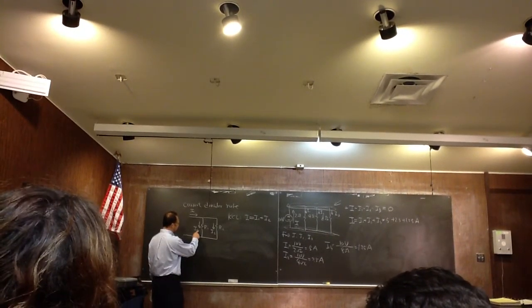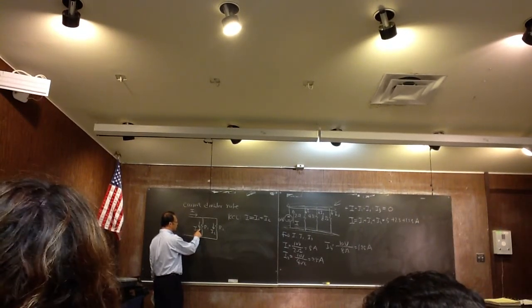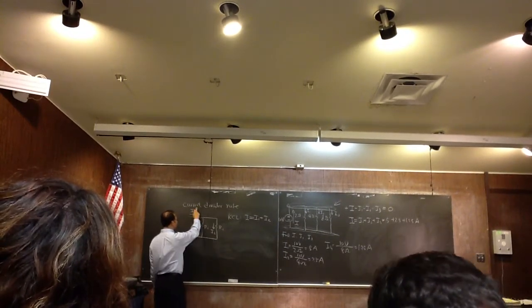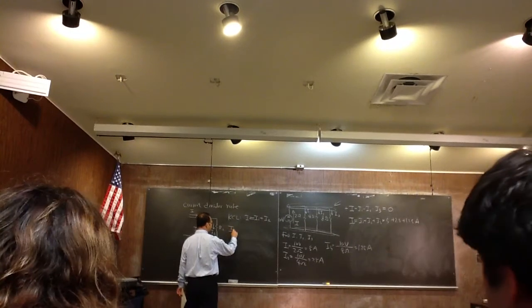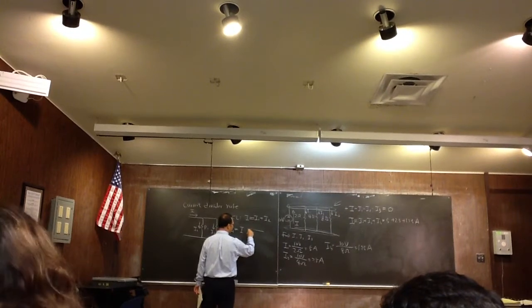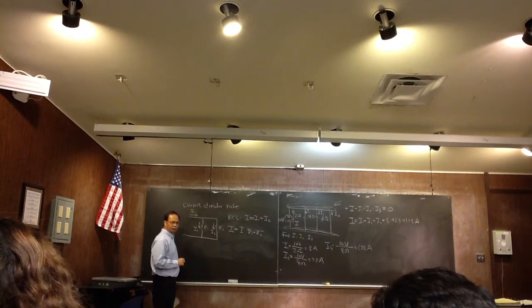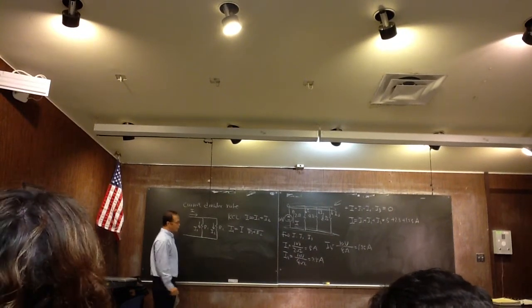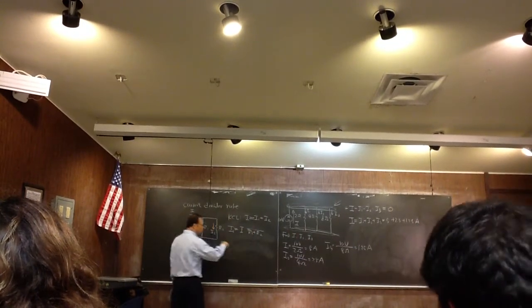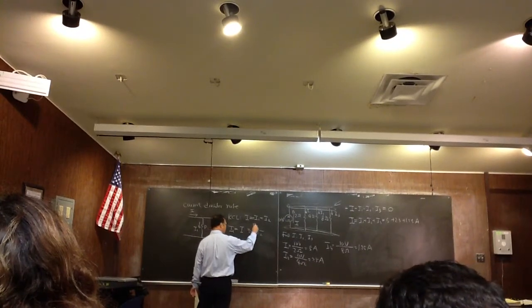Then the current in the individual branch can be written in terms of I by what we call the current divider rule. Okay, so here are the formulas. I1 is equal to I times R2 over R1 plus R2. On the denominator it's the sum of the two, and on the numerator it is the resistance of the other branch, which is R2.